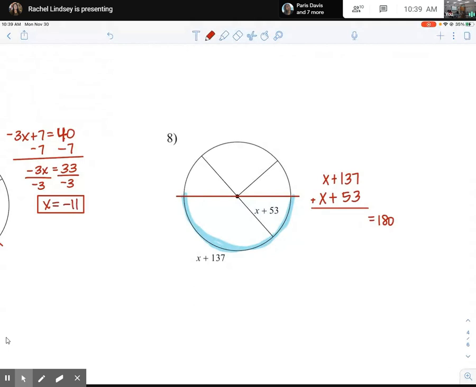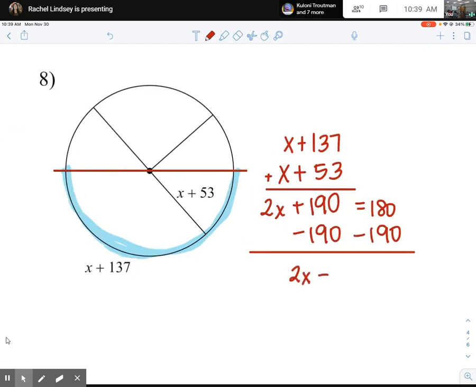So x plus x is 2x, plus 137 plus 53 is 190. Now I have 2x plus 190 equals 180. What do I need to do with the 190? Subtract it on both sides. So I have 2x equals -10. And what's -10 divided by 2? -5. So x equals -5.